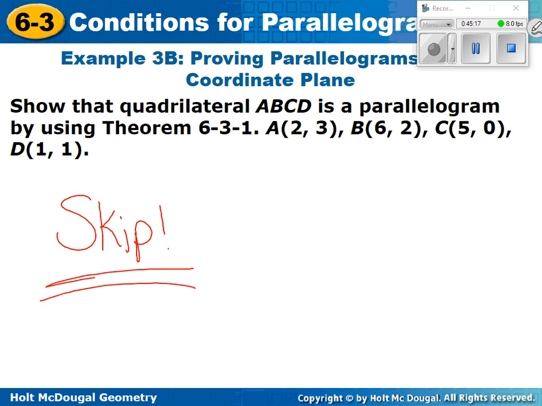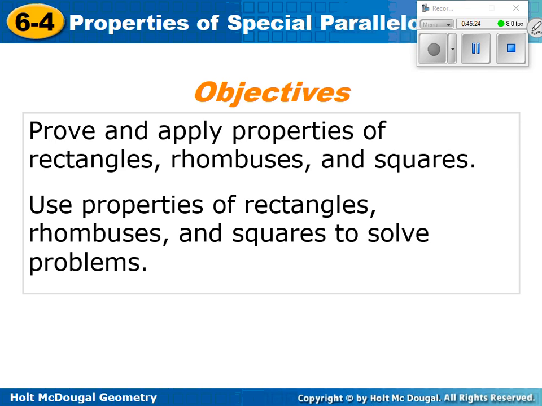And I'll pass out 6-4. I haven't handed you those notes, right? Okay. So that's 6-3. That's parallelograms. And we'll save the graph paper for this lesson.